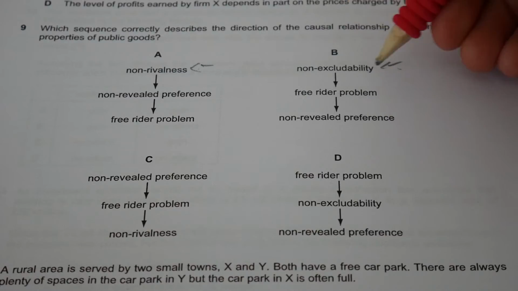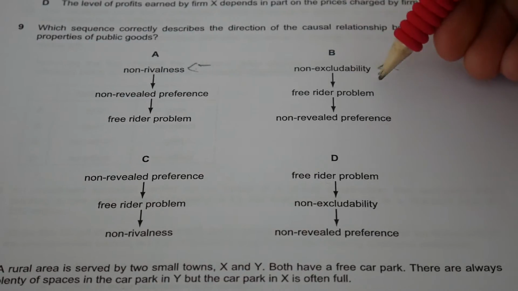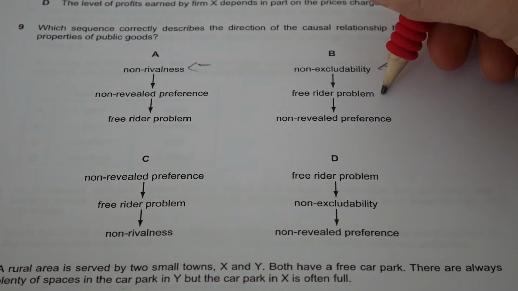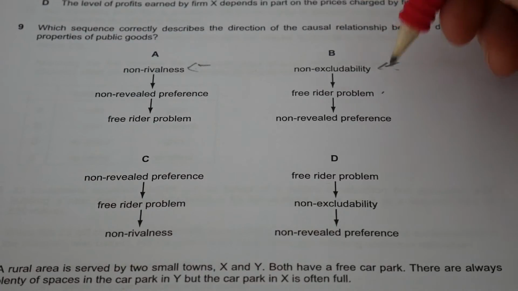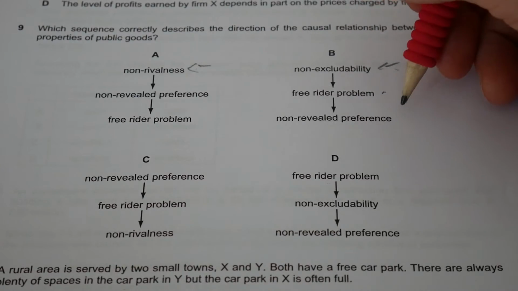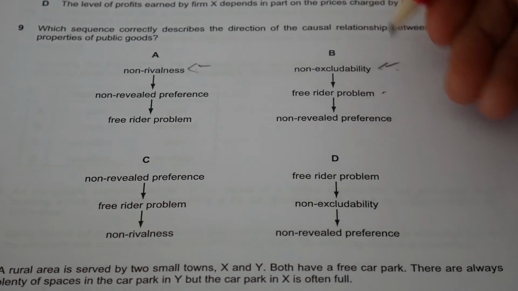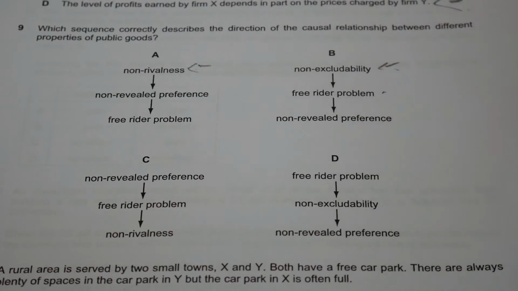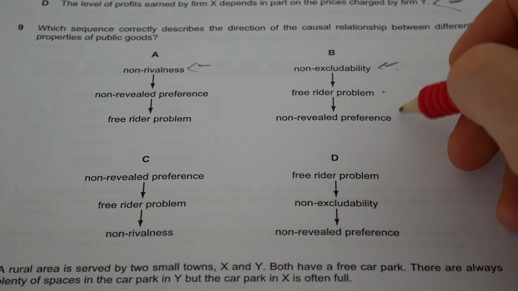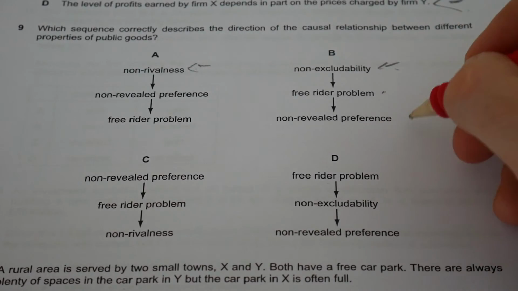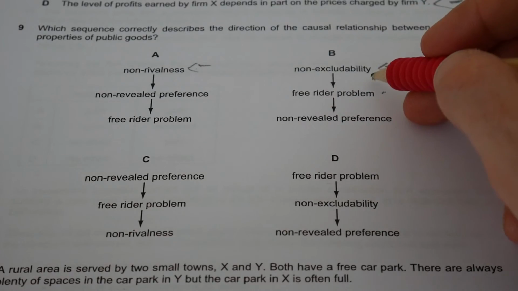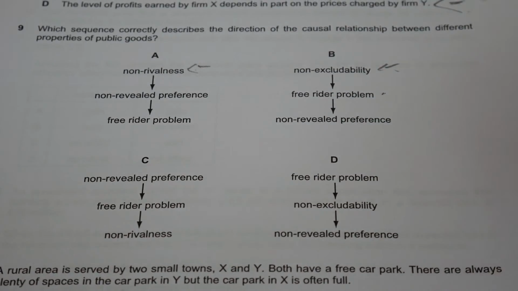Well, the non-excludable aspect is what actually accounts for the free rider problem. And the fact that people then do not reveal their preference is also really important. So just glancing across these, I can see that this one certainly fits the bill here. So it's non-excludable. That means that anyone can consume it.